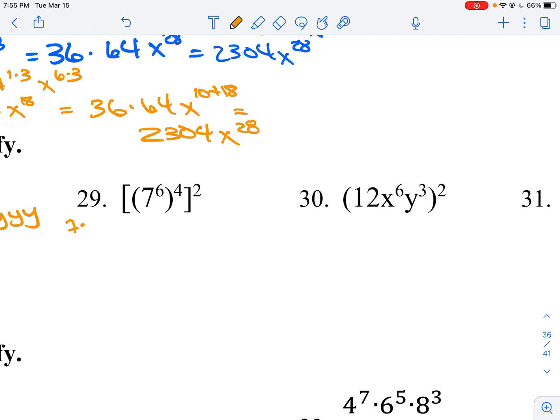Jeez Louise. 1, 2, 3, 4, 5, 6. I have to write that 4 times. And I have to write that a second time?